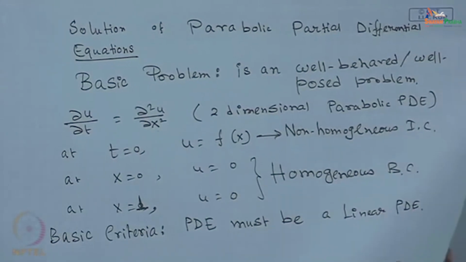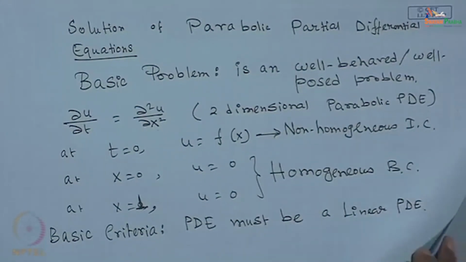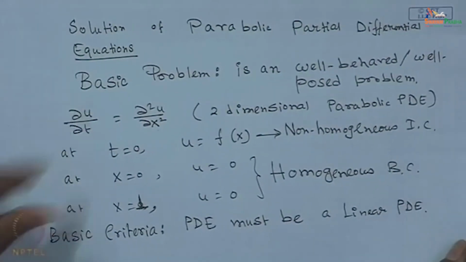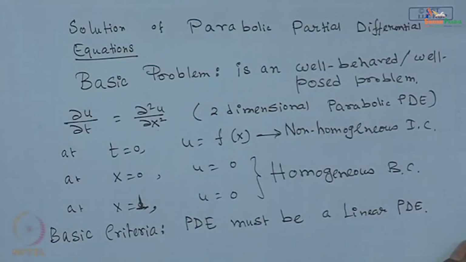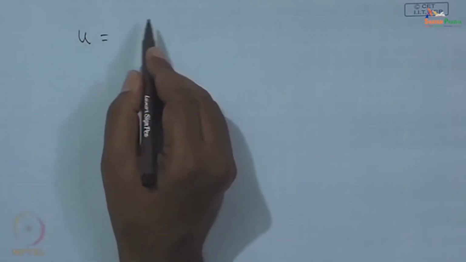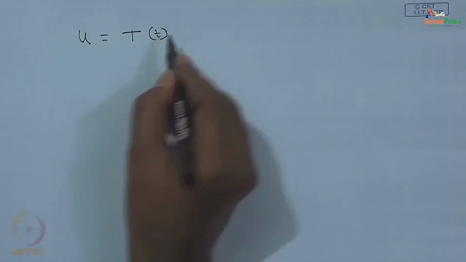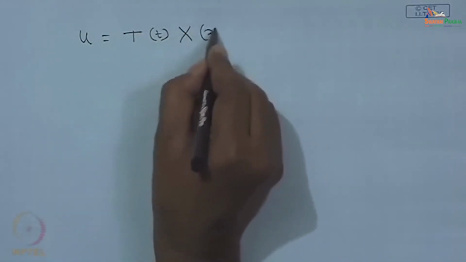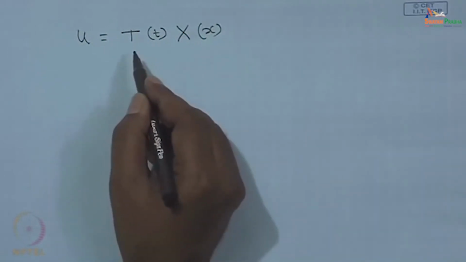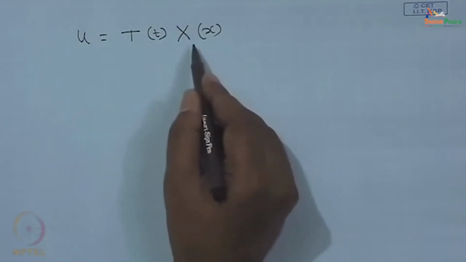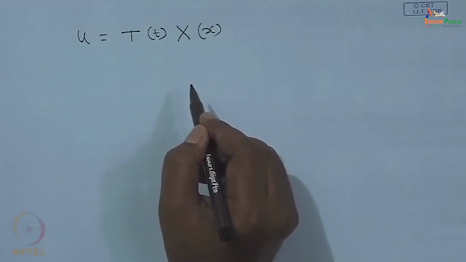Now, as I said, the separation of variable method assumes the solution u is composed of a product of two functions, one a function of time alone, and the other a function of space alone. So, u = T(t) X(x), where capital T is a function of time only, and X is a function of space only.